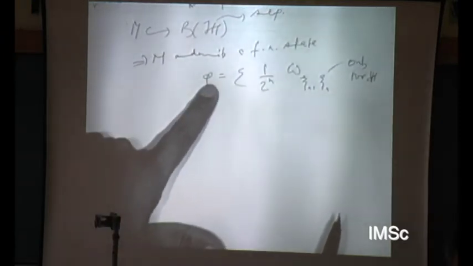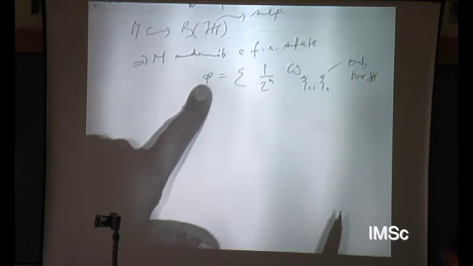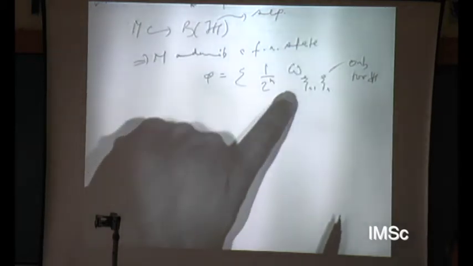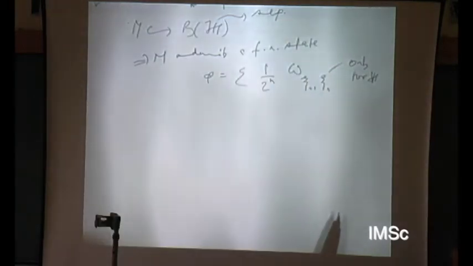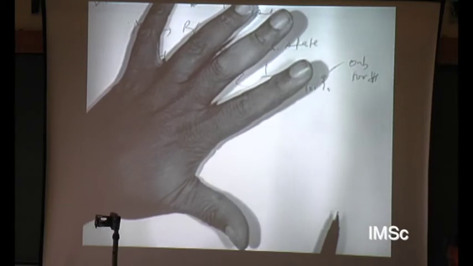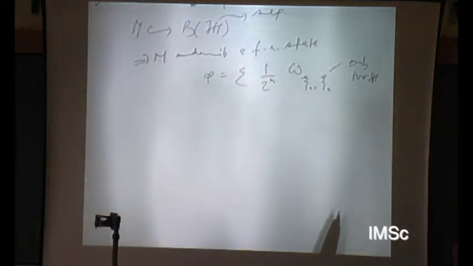Because if x is positive and phi of x is 0, then this says that x xi n must be 0 for every n, and so x xi n itself must be 0. And if that is true for an entire basis, then x must be 0.